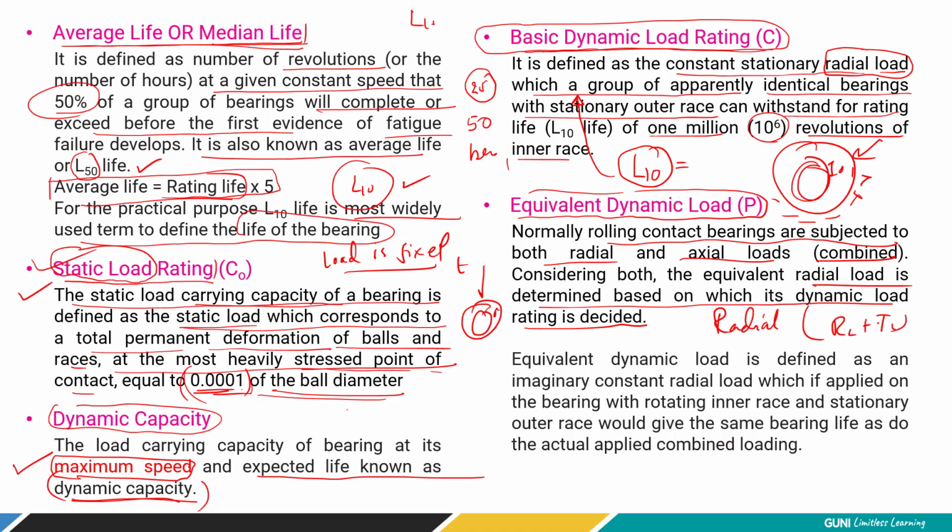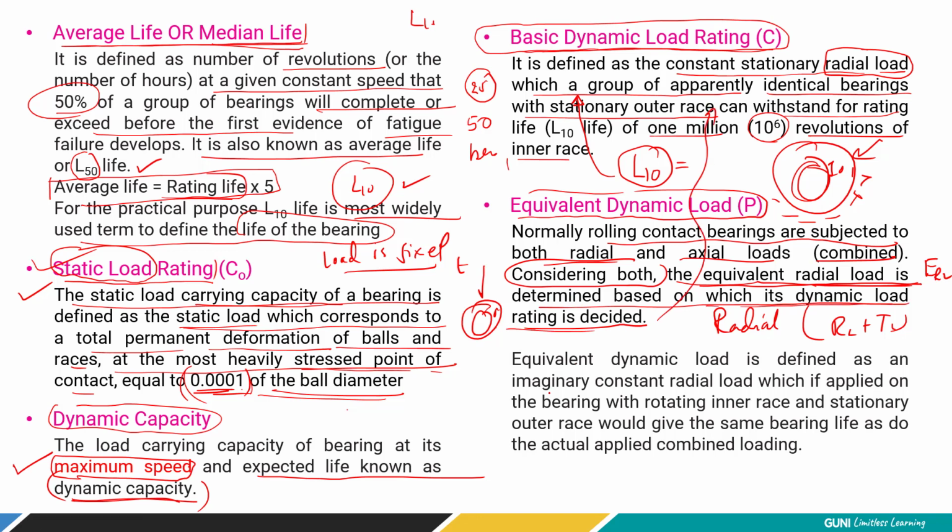So here it is written, considering both, we are finding the equivalent radial load determined based on its dynamic rating capacity. That means this one.